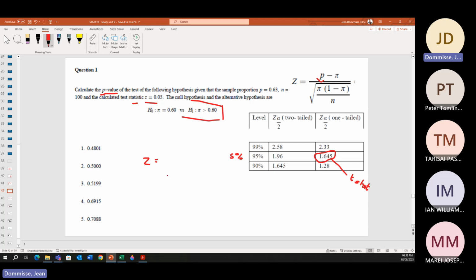So they tell us we're testing against 0.63. Again, this one I am going to put in Excel to work out. I don't have my calculator with me at the moment. N is 100.